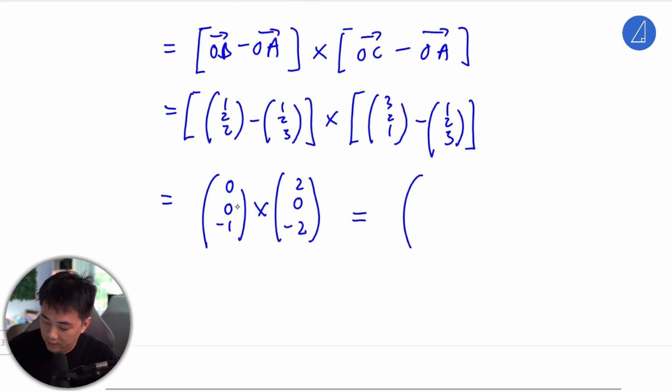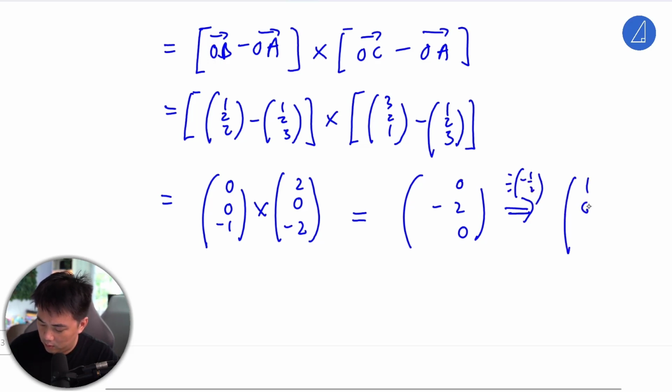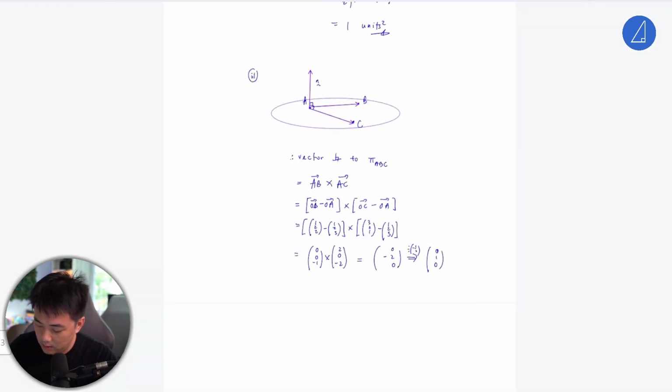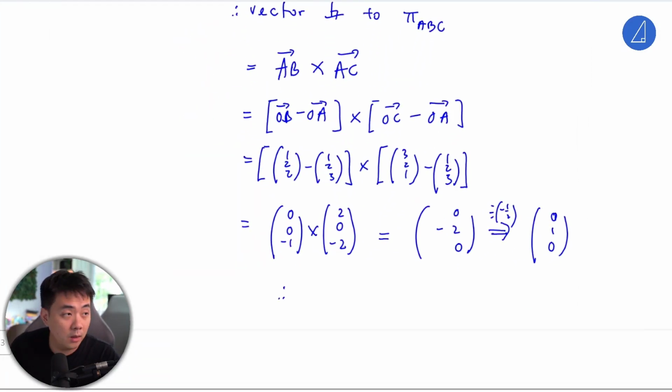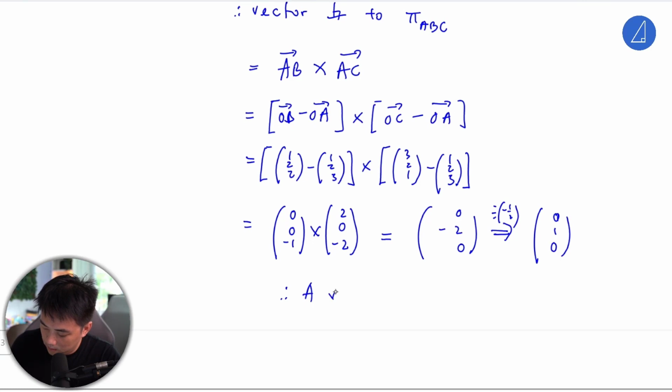I cover this up with 0 here, then cover this, it will be 0, negative 2 and 0. I'm going to divide by negative half, so it's 0, 1, 0. So hence a vector would be 0, 1, 0, which is actually parallel to the y-axis.